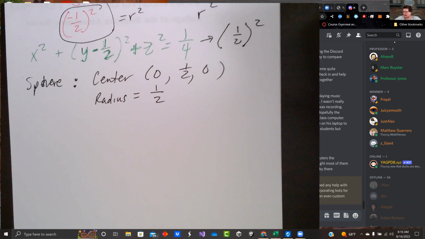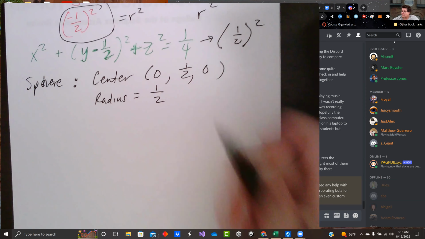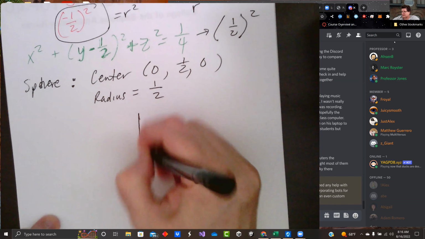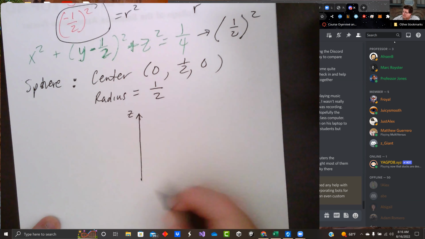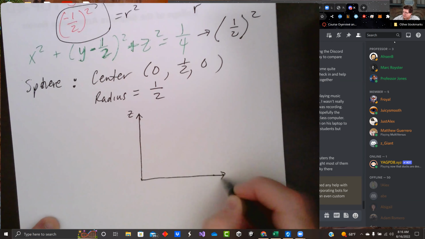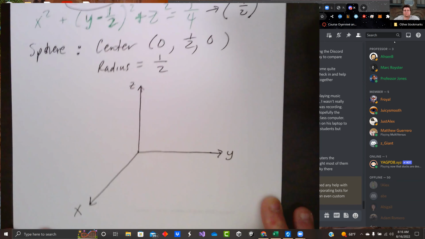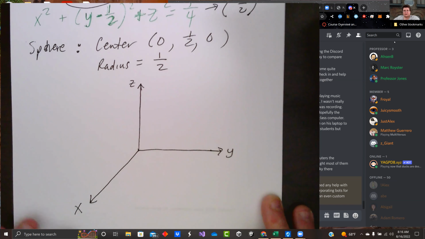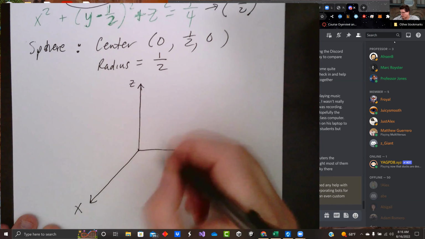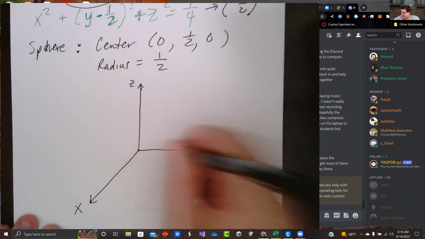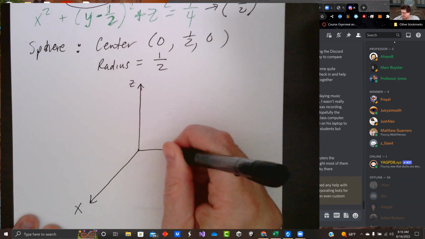And if we want to try to plot it, we do z vertically, y is horizontal, and x is towards us. We've got 1/2 along y, but no change in the x. Let's say that's 1/2.